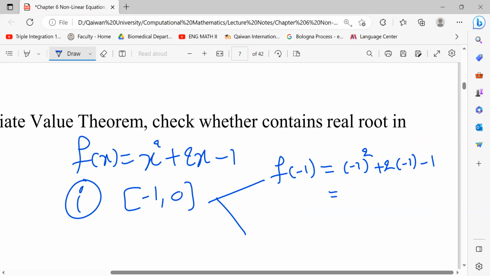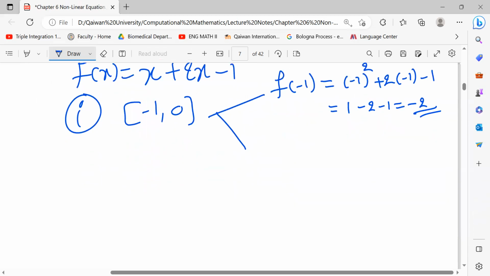This equals what? (-1) squared is 1. 2 times -1 is -2, minus 1. The result is -2. That means f of -1 is -2.